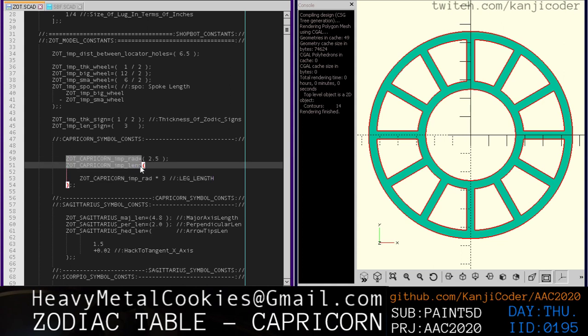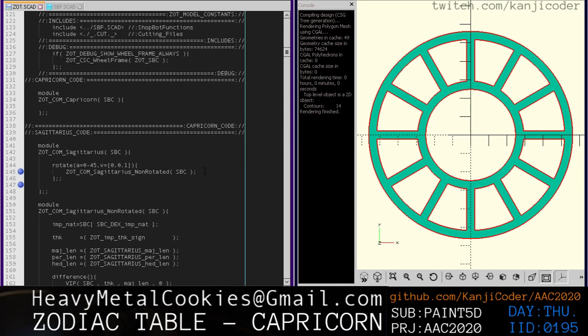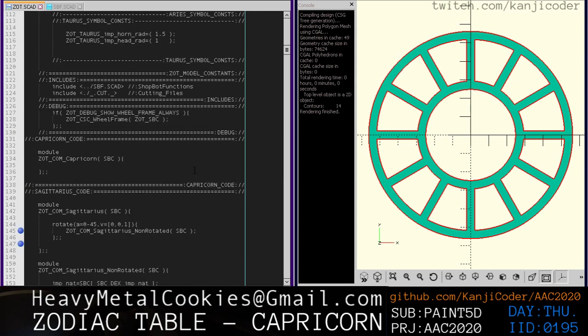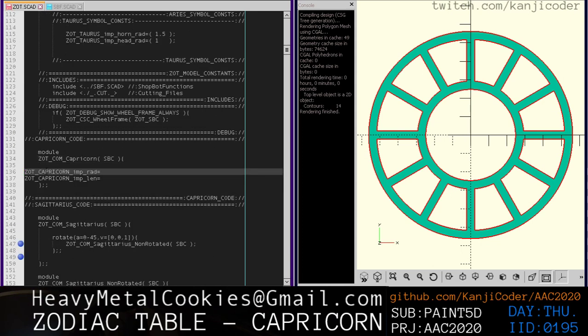So we're going to take this, copy, and we're going to go all the way down here. And inside the Capricorn, we're going to make some shorthand variables for this, right? So this is kind of obnoxious. So we're just going to say rad equals this and length equals that. We're not even going to worry about the fact that it's imperial. We're going to keep it very shorthand, right?